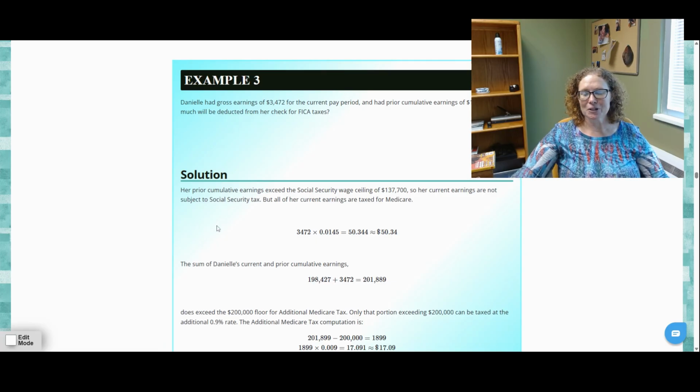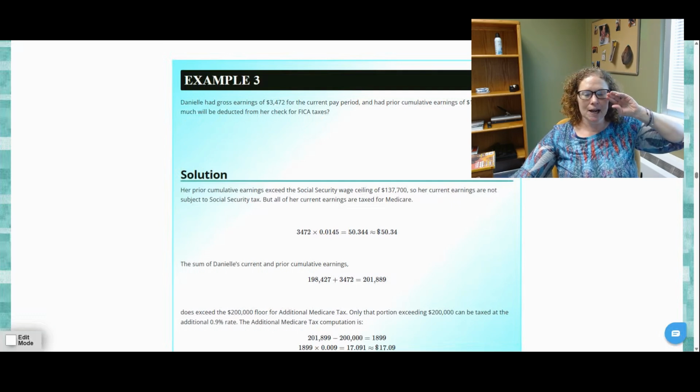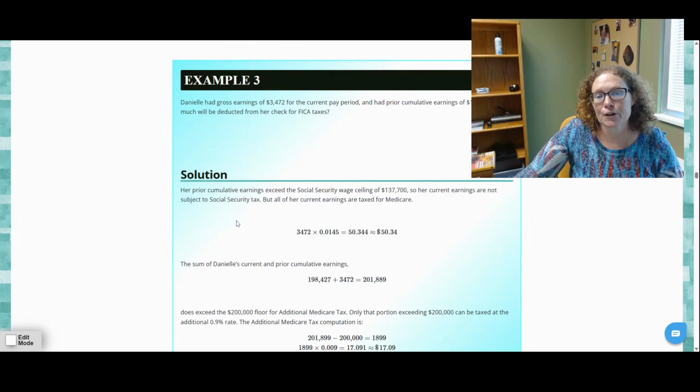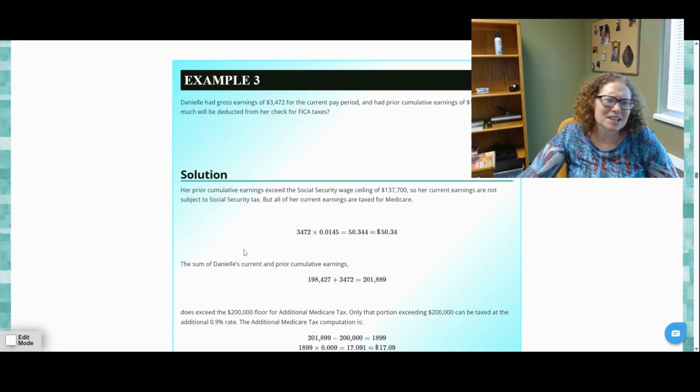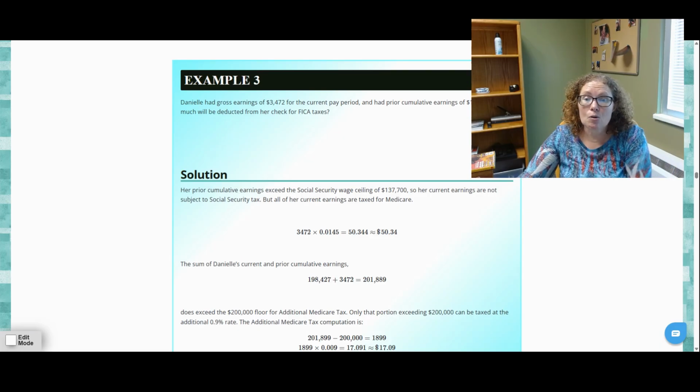So her prior cumulative earnings exceed the Social Security wage ceiling of $137,700. So her current wages are not subject to Social Security tax, but all of her current earnings are taxed for Medicare. She's already paid everything into Social Security that she needs to for the year based on her salary. So all we are doing on this one is the multiplication for the Medicare, which is $50.34.